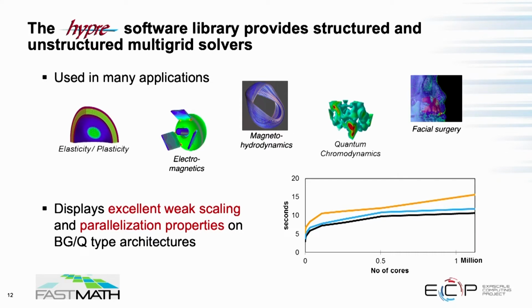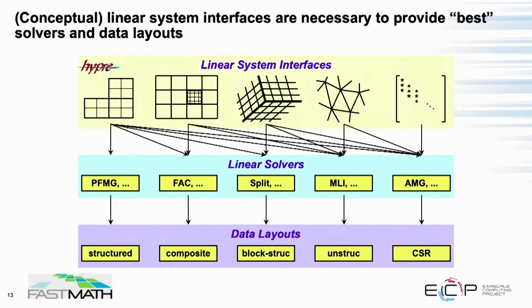So as I mentioned before, a unique property of HYPRE is this notion of a conceptual linear system interface. We call them conceptual because the idea is we want a user to be able to look at their linear system interface similar to how they actually look at their problem of interest. On the far left would be an example of if you're doing a finite difference method or finite volume method to discretize your problem.